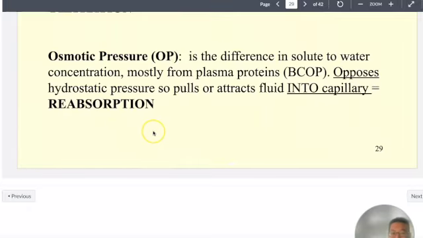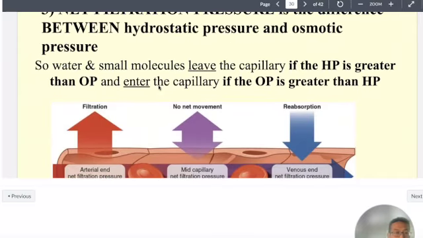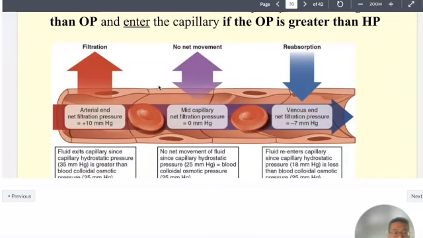Osmotic pressure, now remember we talked about osmosis and diffusion, is the difference in solute to water concentration. So here's one, something like this. If there is a difference in the outside concentration and the inside concentration, remember, it will pull right through.